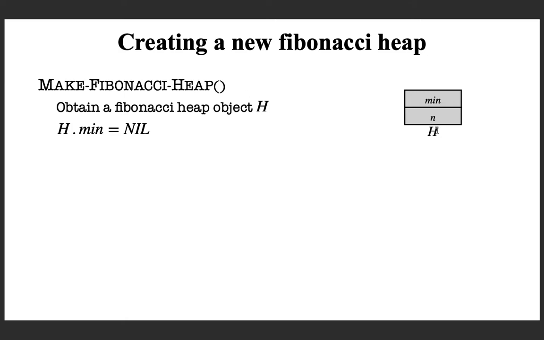And of course you have to make the number of nodes 0 to be consistent, because you don't have any trees: the min is nil and n is 0. So this is a very straightforward procedure. Just obtain an object of this kind, set the min as nil because there is no tree, and set the number of nodes as 0.